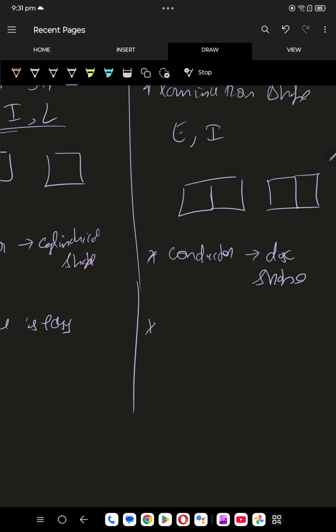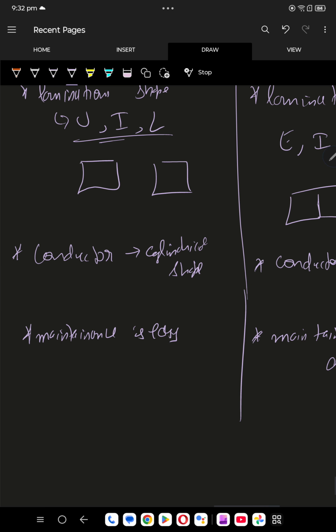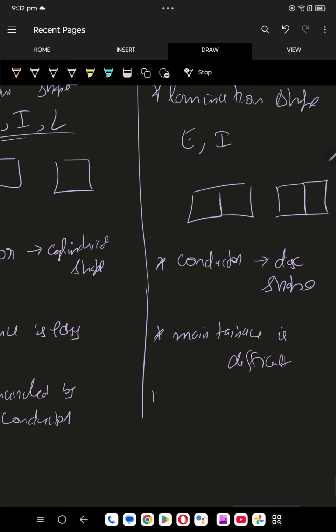Here the maintenance is difficult. You'll have to remove one winding, you have to remove the other winding. Many parts are there, right? So maintenance is difficult. Then here core is encircled by conductor, and here conductor is encircled by core.